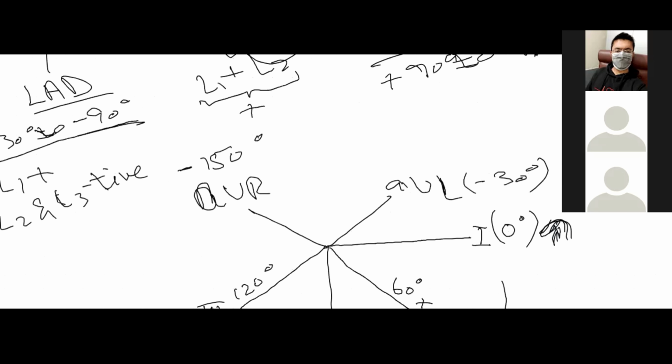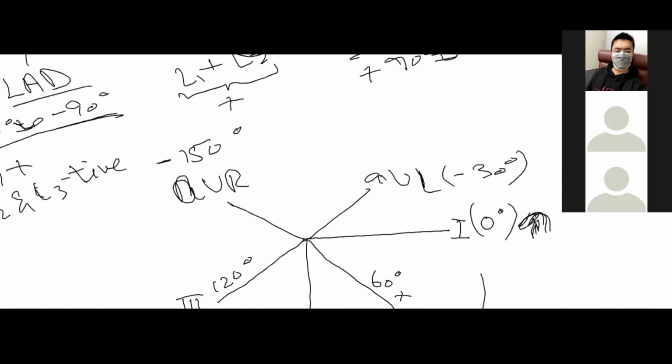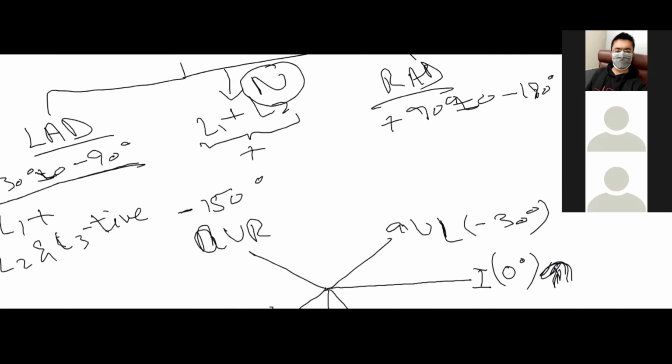Lead 1 becomes negative, which was normally positive. Lead 1 becomes negative and lead 2 will become more positive.